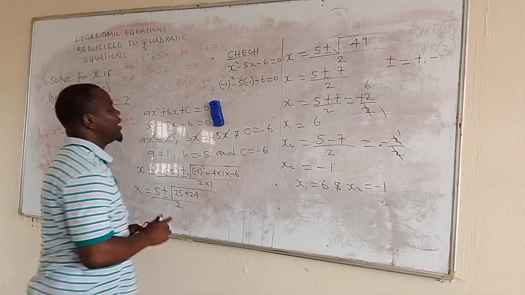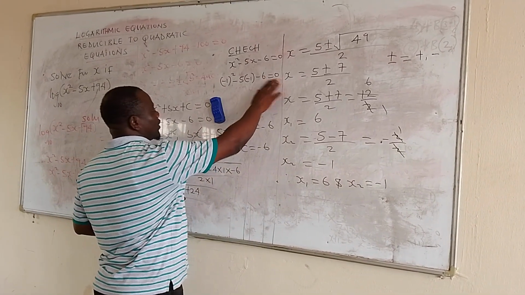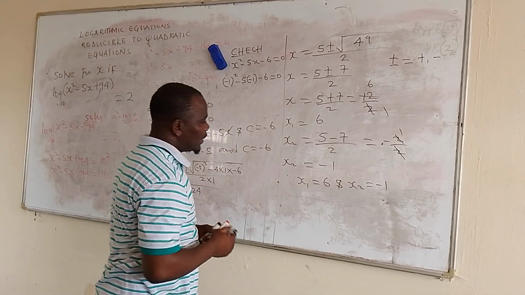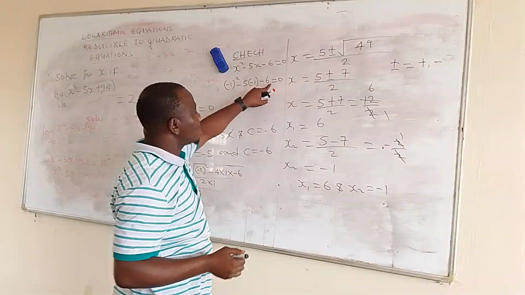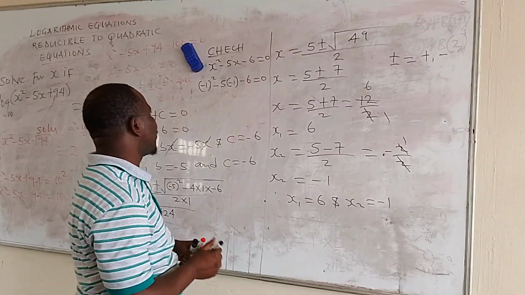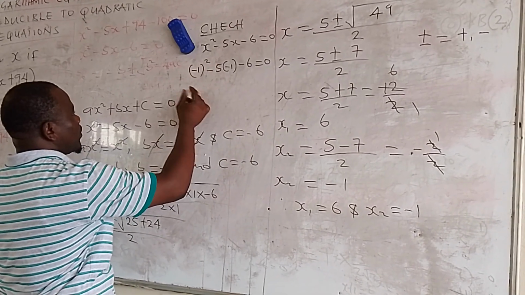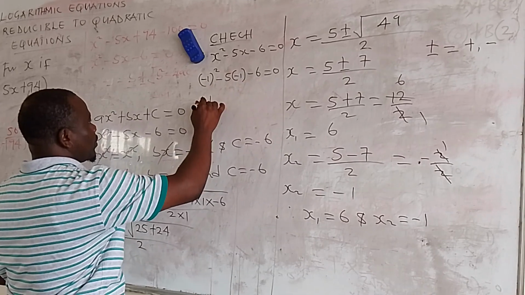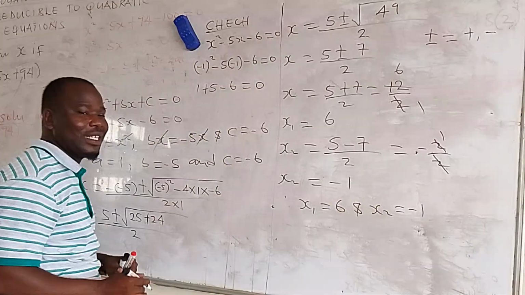You discover that the right hand side is 0. Is that clear? So for one to believe that your answer is right, it means this left hand side too must be 0. Let's prove. You know that minus 1 raised to power 2 is the same thing as 1. Then minus 5 times minus 1 is going to give you plus 5, minus 6 equals 0.